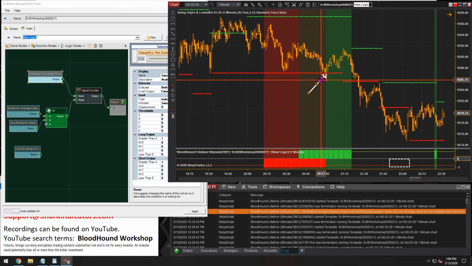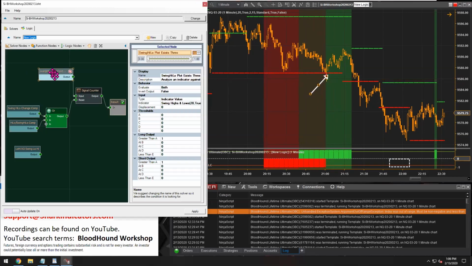And so there's no more swing low plots to count anymore. So this just makes sure that there is a swing low or swing high plot to count.